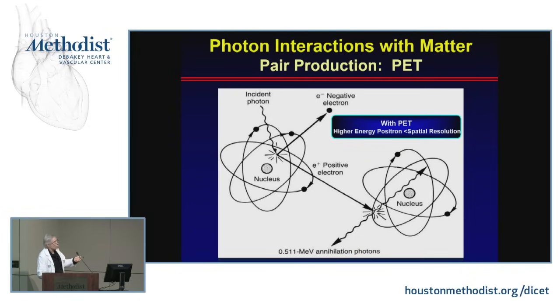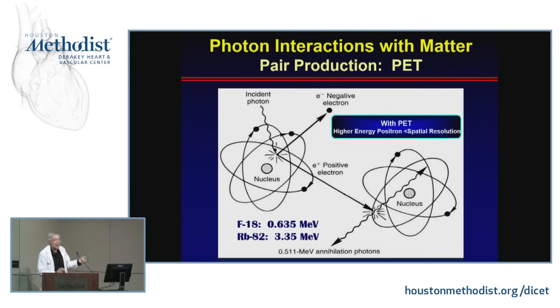Again, this is what we see with PET. PET, we're giving off positrons. Positrons interact with electrons after they go a certain distance, and they cause annihilation with 511 keV photons in 180 degree directions. Now this is also important because every PET tracer has its own intrinsic energy, okay?